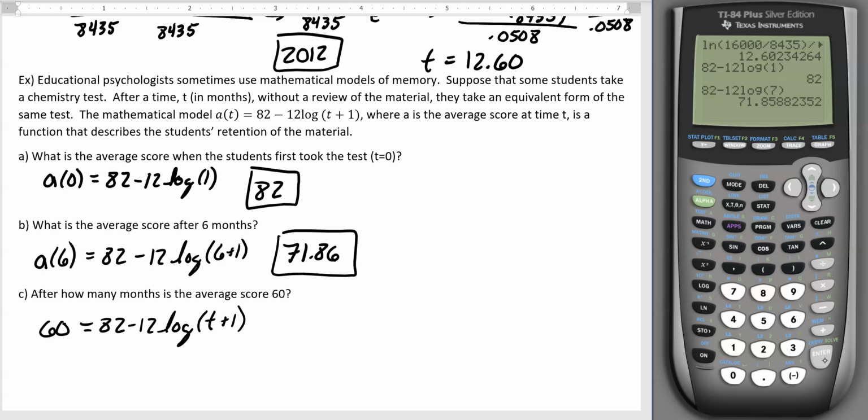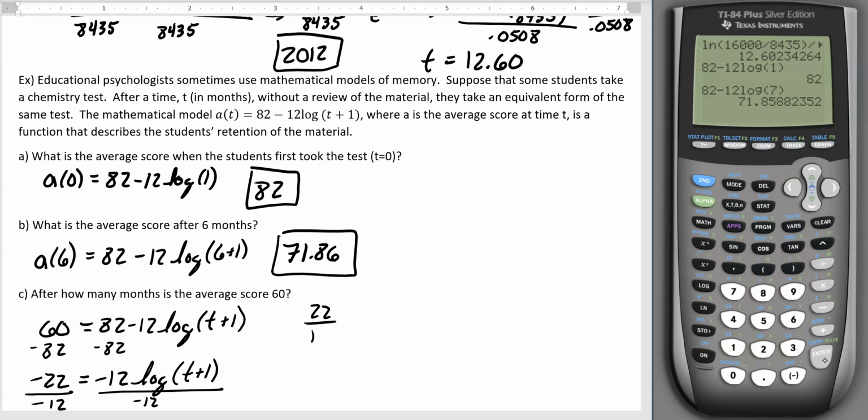So we're going to have to solve this, aren't we? So we subtract 82 from both sides. We get negative 22 equals negative 12 log of t plus 1. Divide by negative 12, divide by negative 12. When I do that, I'd get 22 over 12 equals the log of t plus 1.